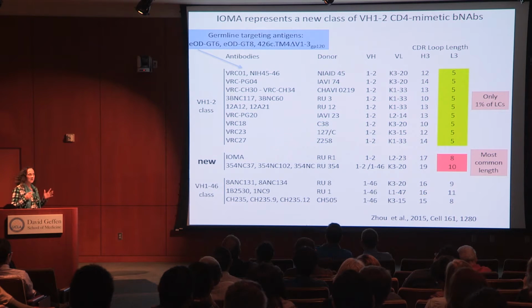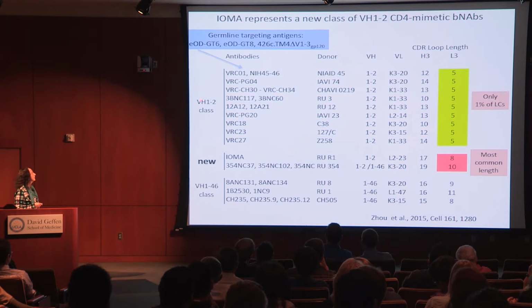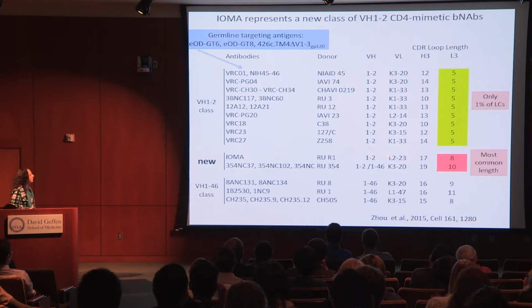So hopefully people are trying to use these to elicit this class of broadly neutralizing antibody. And there's been a lot of progress in this area recently, but nobody's there yet. Okay, so these are immunogens that are designed to bind to this class of antibody that's only from the VH1-2 gene. Okay, so then Lotte isolates IOMA, and IOMA is a VH1-2 antibody also.